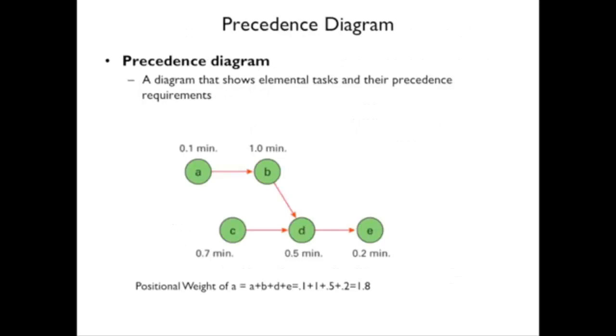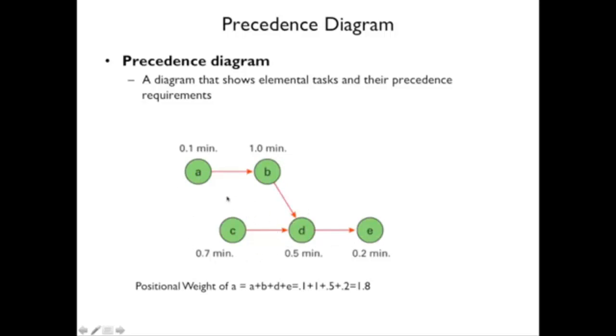Here's an example of a precedence diagram. In this case, this is an example of positional weight. Here you have 0.1 plus 1 plus 0.5 plus 0.2, which is equal to 1.8. So the positional weight is 1.8.